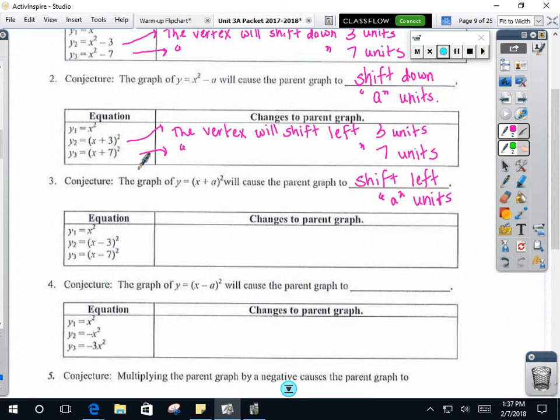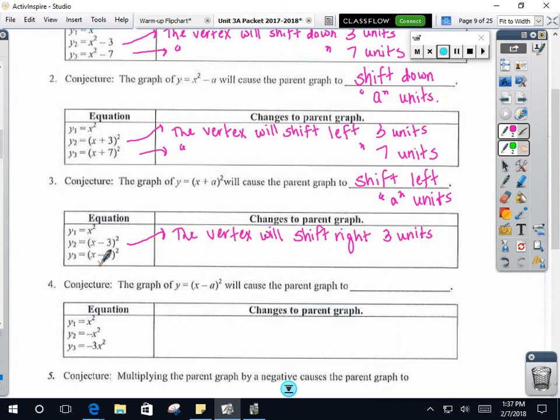Okay, so just what we were saying before, if x plus 3 squared caused it to go left, then x minus 3 squared will cause the vertex to shift right three units.